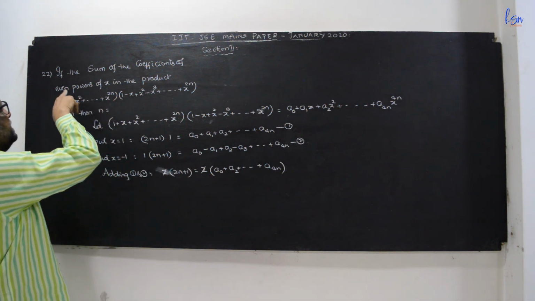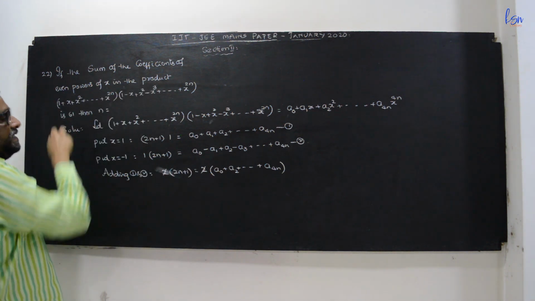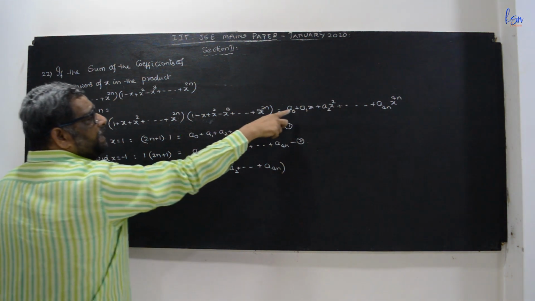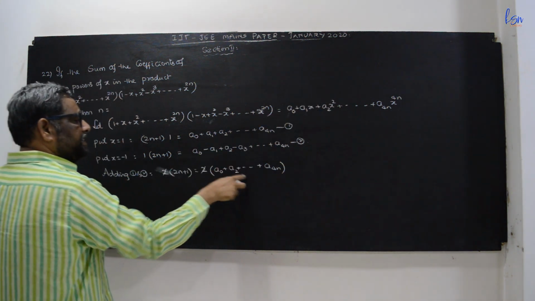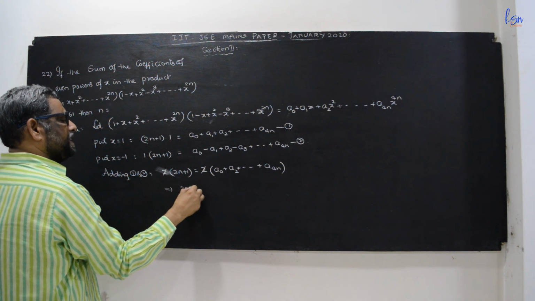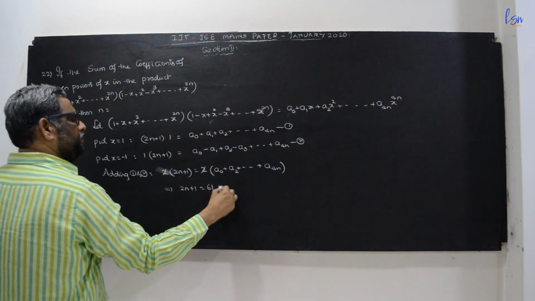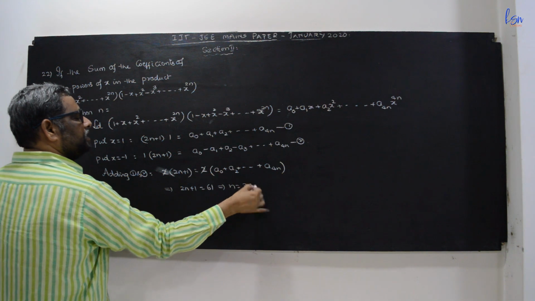It is given that the sum of all the even power coefficients in the product is 61. That means a0 + a2 + ... + a4n is 61. So 2n + 1 is 61, which implies n is equal to 30.